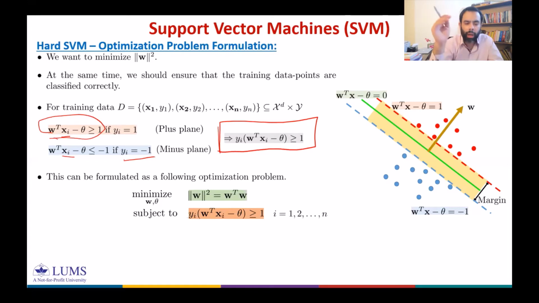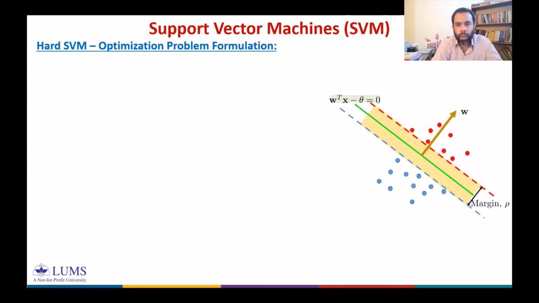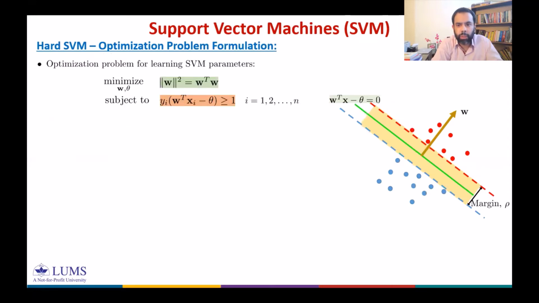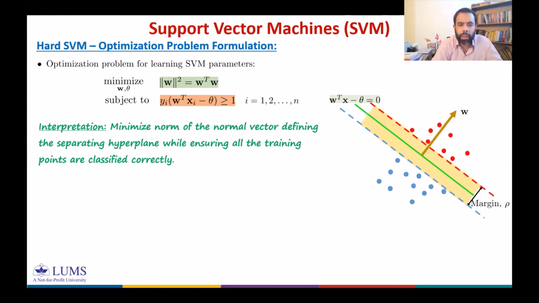And we require every data point to be classified correctly, right? Okay. So we have this optimization problem. How do we interpret this? We want to minimize norm of the normal vector defining the separating hyperplane while ensuring all the training points, my apologies, are classified correctly.